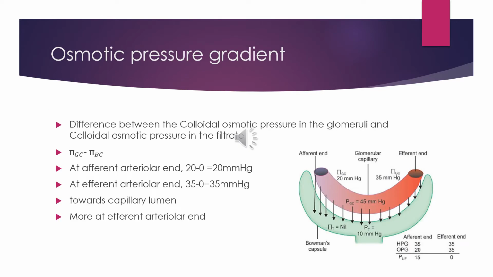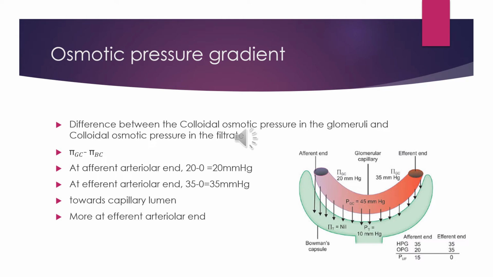So this osmotic pressure gradient should be the difference between the colloidal osmotic pressure in the glomerular capillary and the colloidal osmotic pressure in the filtrate in the Bowman's capsule. That is pi Gc minus pi Bc. And we have already said that this pi Bc is almost nil or negligible. And hence the pressure gradient at the afferent arteriolar end is about 20 millimeters of mercury, and that at the efferent arteriolar end is about 35 millimeters of mercury.